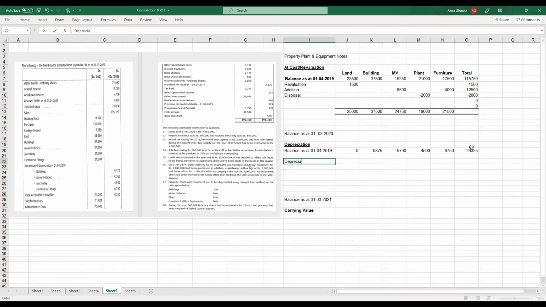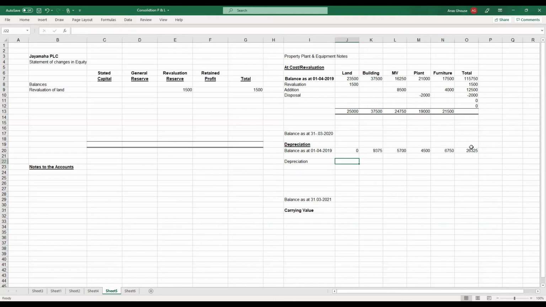So we calculated building depreciation as 1,875,000. Then we calculated motor vehicle 4,950,000. Then plant 4,750,000. Then 4,300,000 for furnitures and fittings.